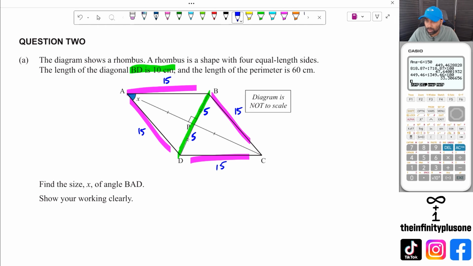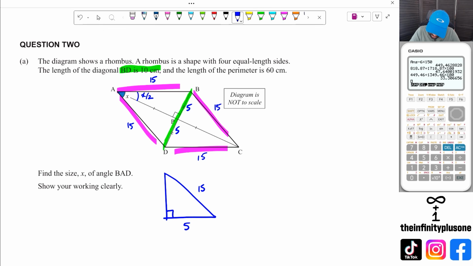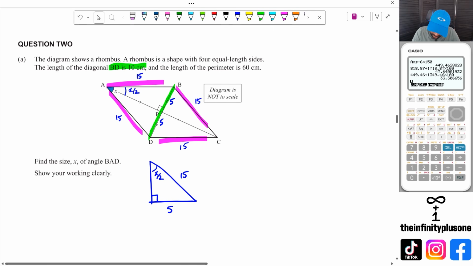Now we need to figure out what X is, but I'm just going to look at this angle here, and that's going to be X divided by 2 because it's only half the angle. So kind of breaking down the triangle, I am going to have 5, 15, and X over 2. So using SOHCAHTOA here, I've got opposite and hypotenuse.